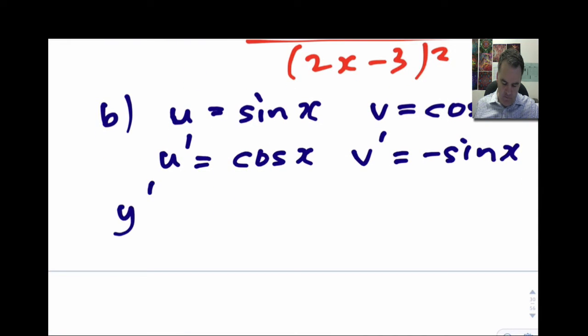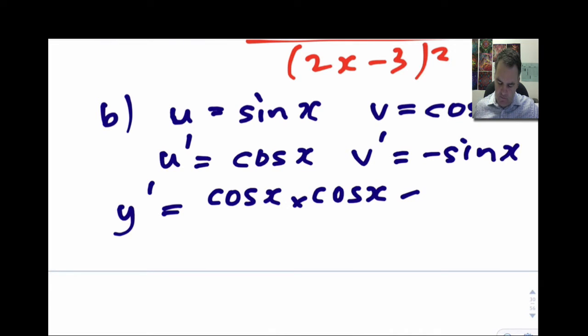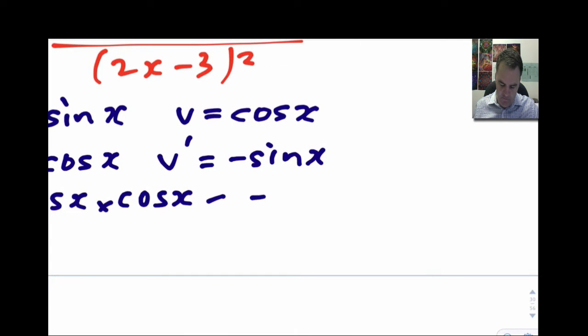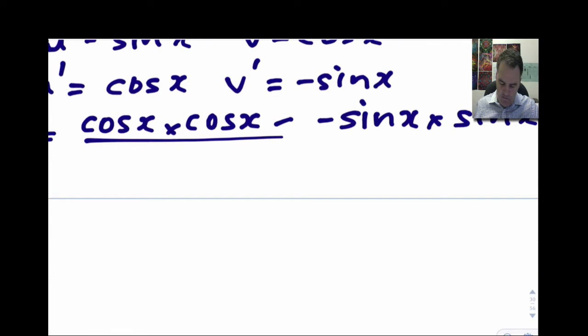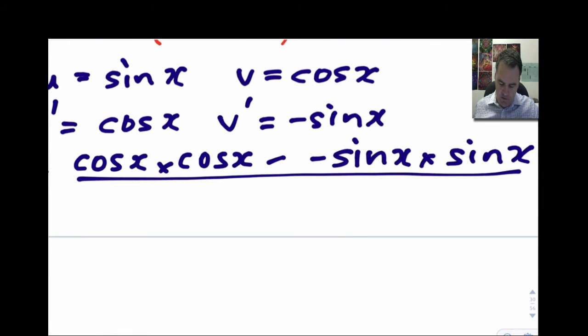So the derivative is going to be u dash v minus v dash times u, divided by all of that stuff there, divided by v squared. So that's just going to be cos squared x.